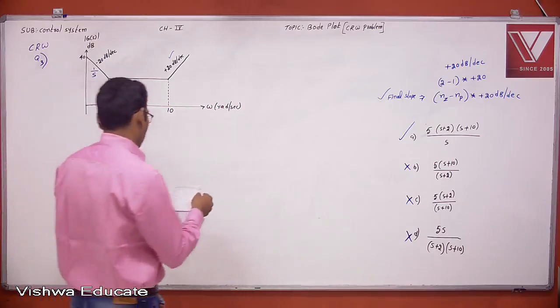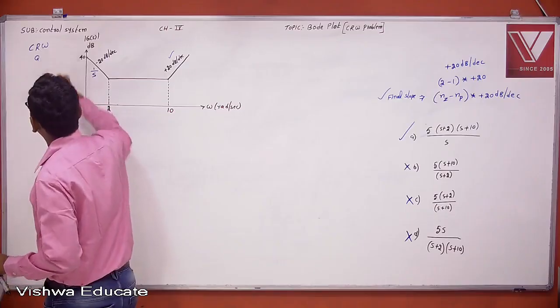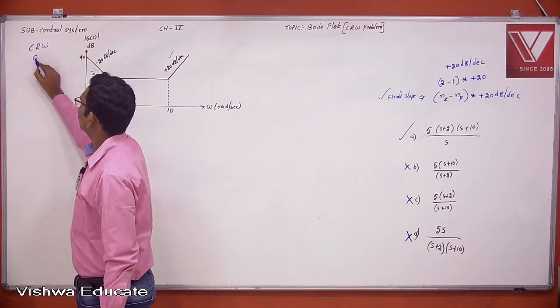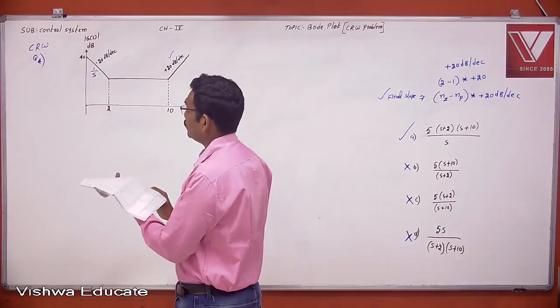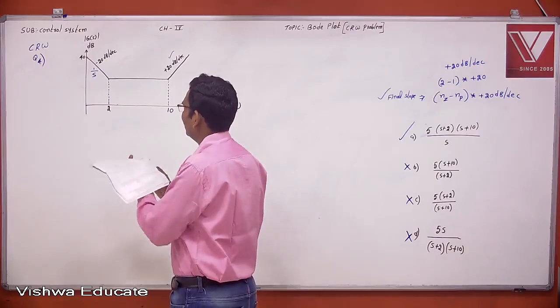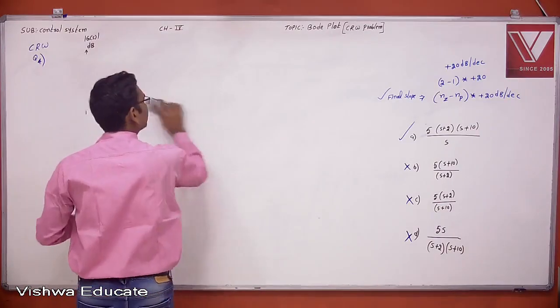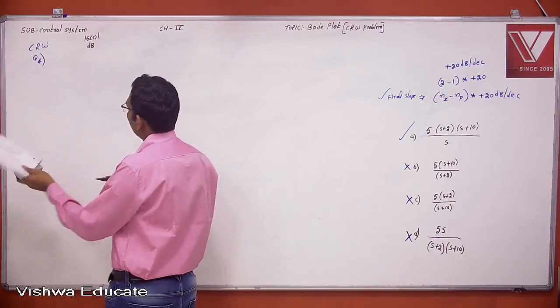Okay, now question number 4. Now in our classroom workbook handout, question number 4. Again a Bode plot is given, but this is for 2 marks in the previous GATE examination. What he has given is a very important and interesting question also. Question number 4.